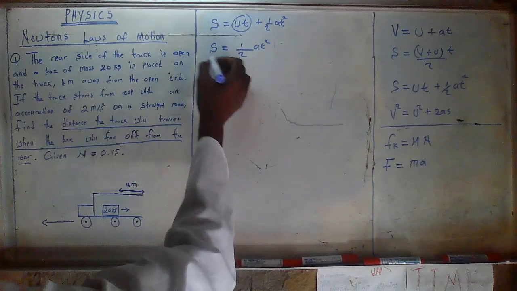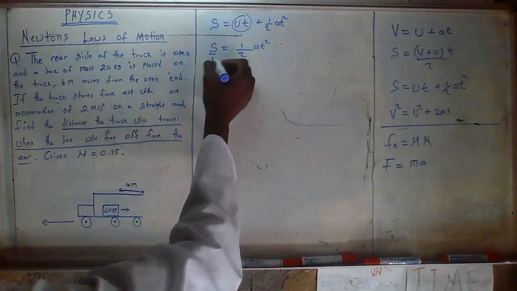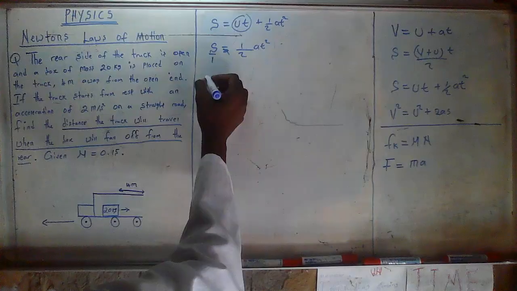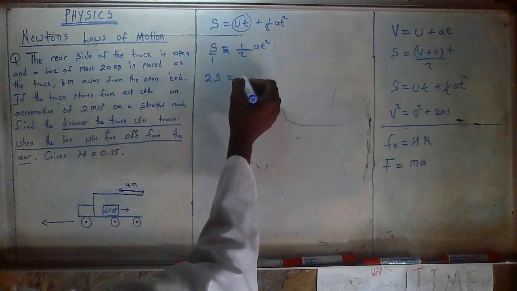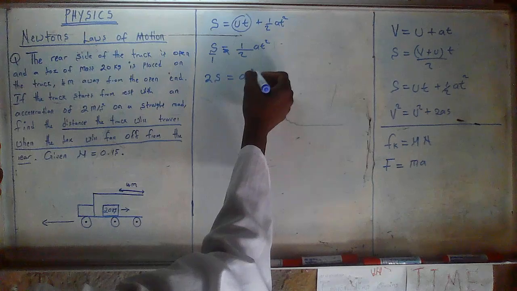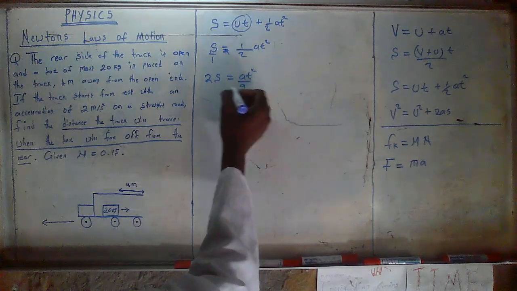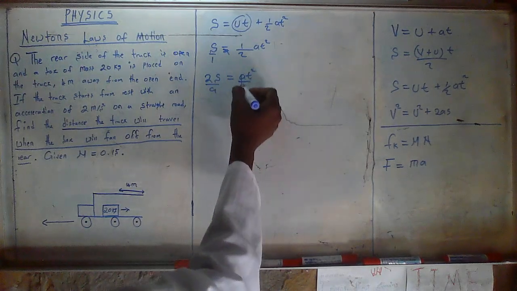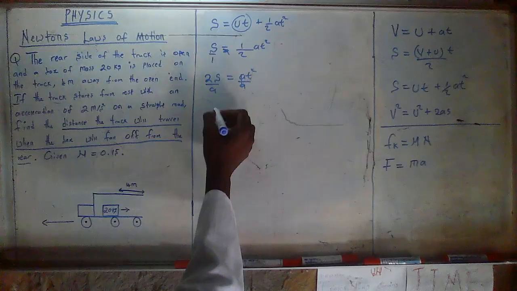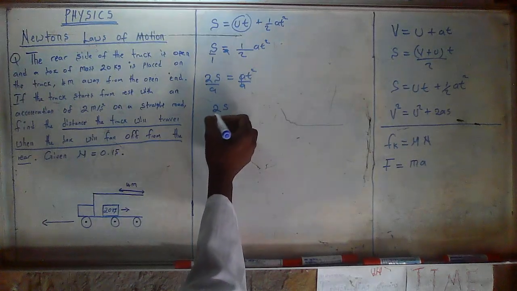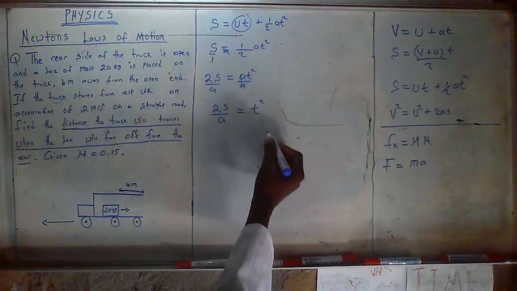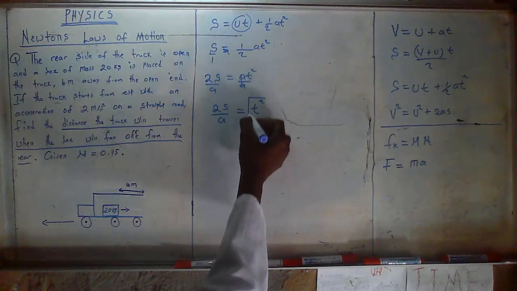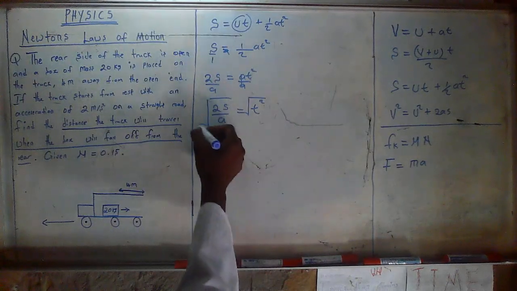All right. So making t the subject of formula will give 2s is equal to at squared, over a over a. So this side we have 2s over a is equal to t squared. Okay.